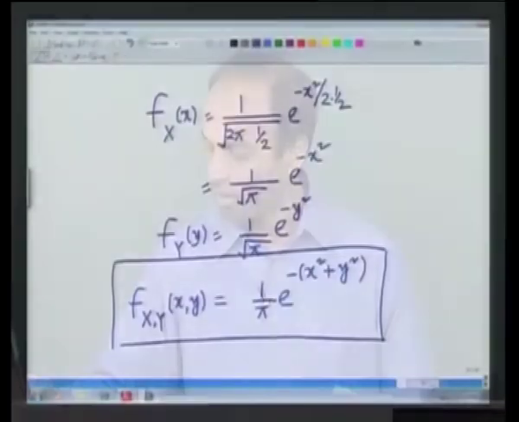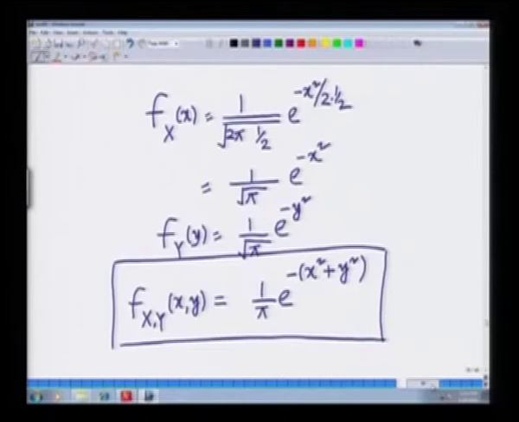All right. Now, what I want to do is convert this distribution in terms of x and y into a and phi, where a is the magnitude of the fading coefficient and phi is the phase of the fading coefficient.